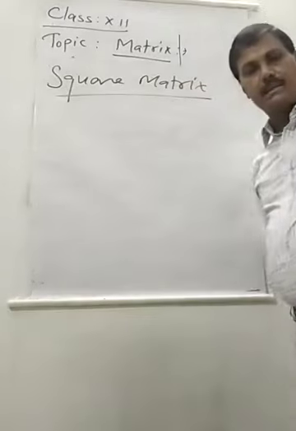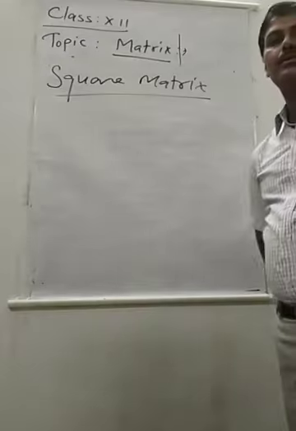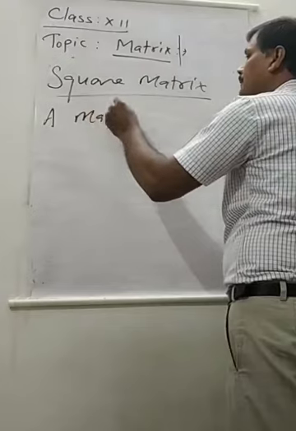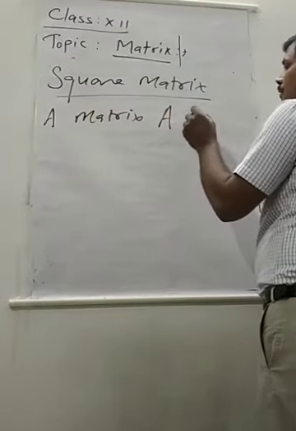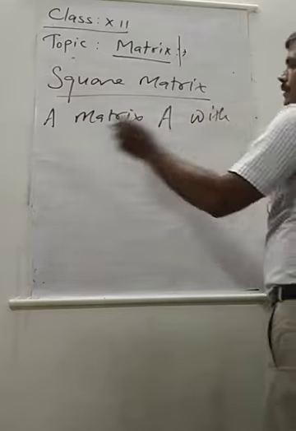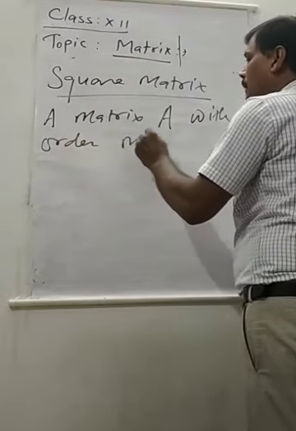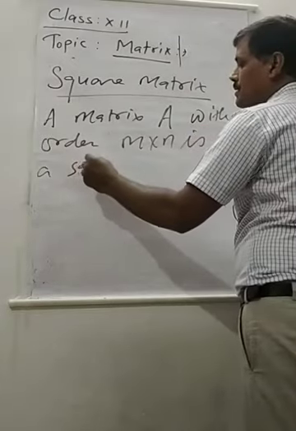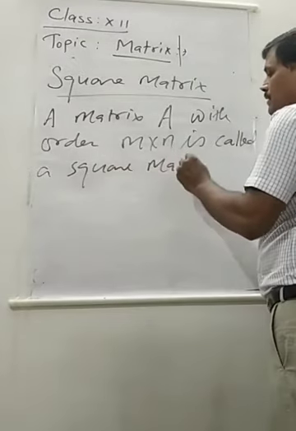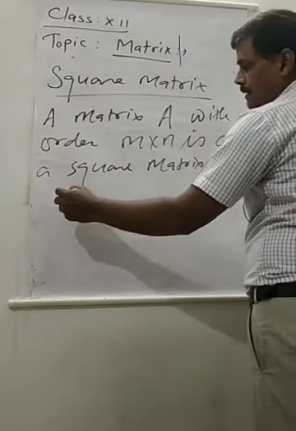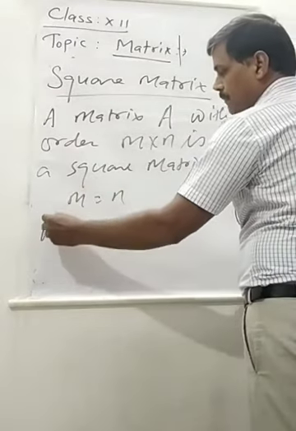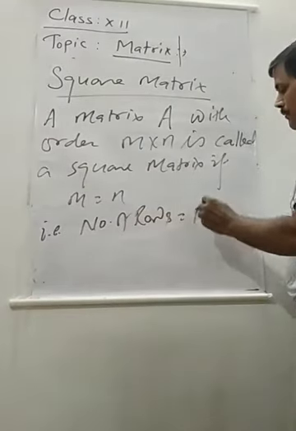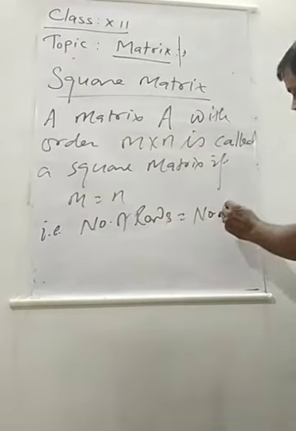A square matrix is that matrix in which the number of rows and number of columns are equal. A matrix A with order m by n is called a square matrix if m is equal to n, that means the number of rows is equal to the number of columns.